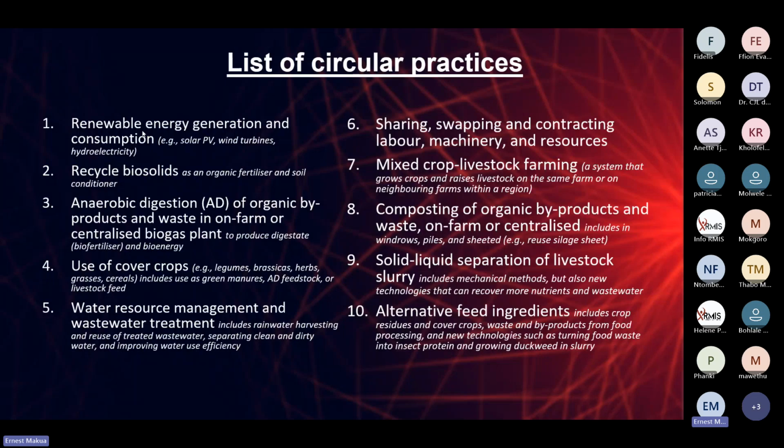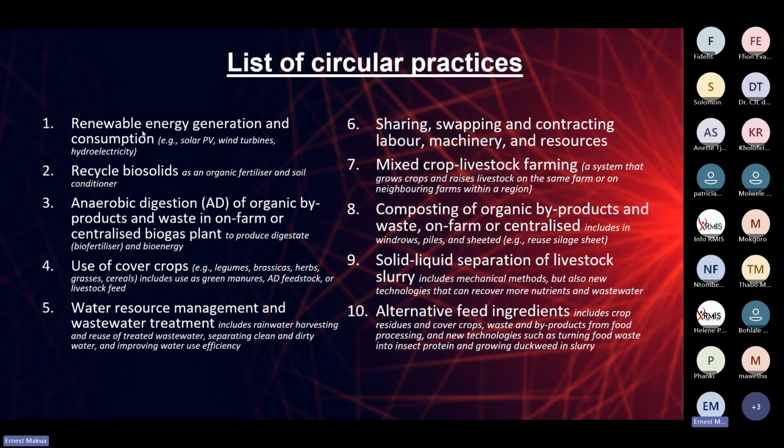If they are sharing their resources, that is also circularity. It plays a very important role, because the farmers don't have to spend a lot of money buying their own equipment. They can just buy a few pieces of equipment that they can share amongst themselves. In so doing, they're also saving in terms of profit.